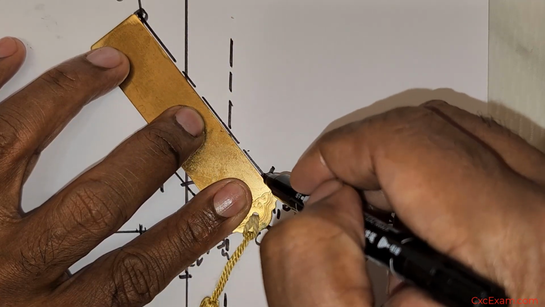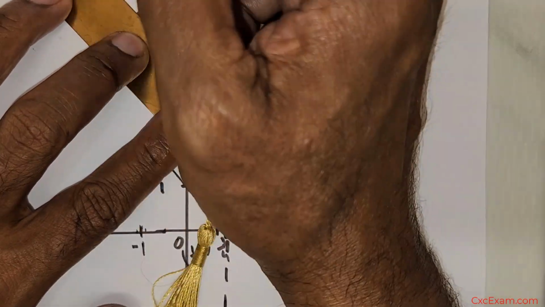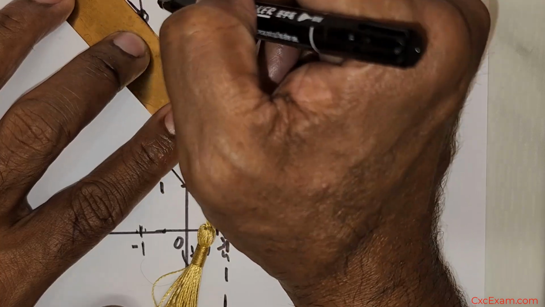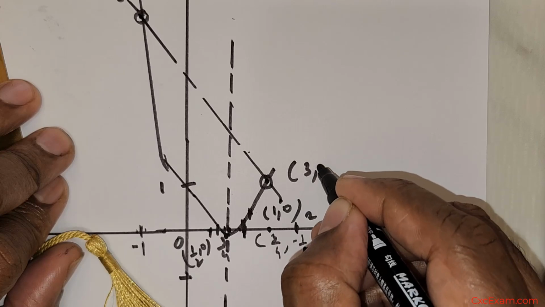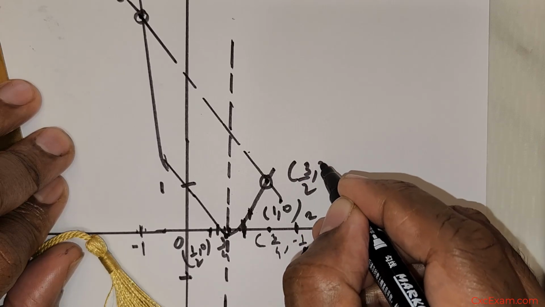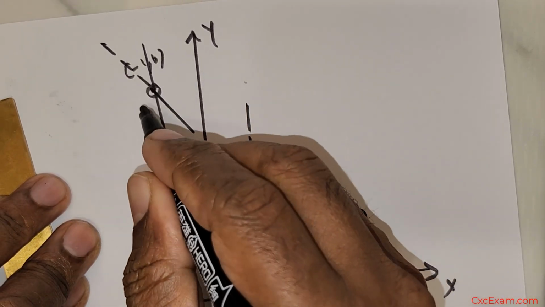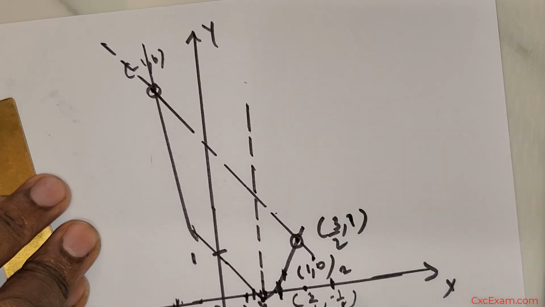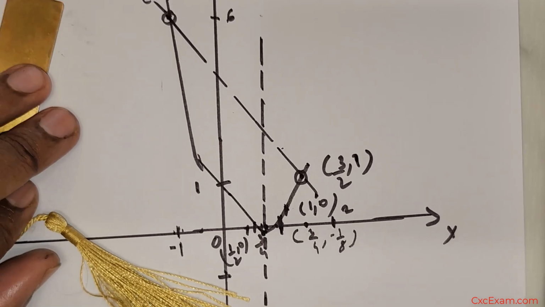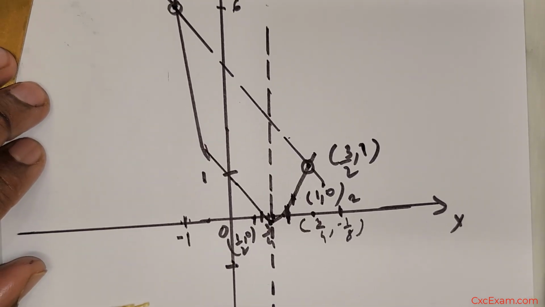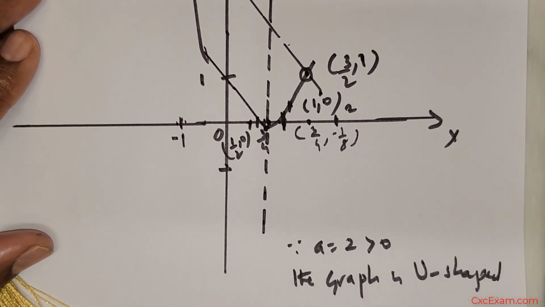You can use some other color. This is the line, and the line is moving up. So this point of intersection is 3/2, 1, and this point is -1, 6. And you can probably state 6 there. So that is how the graph looks. And the figure is not to scale, and we can move on.